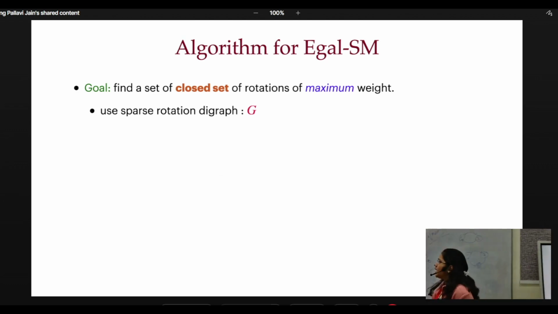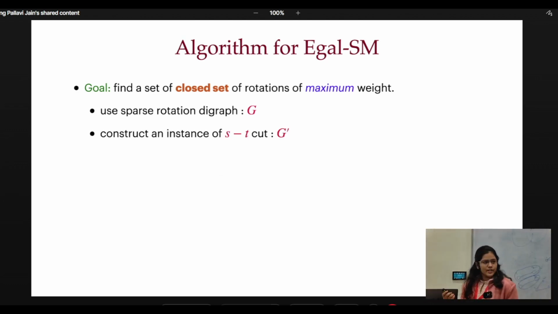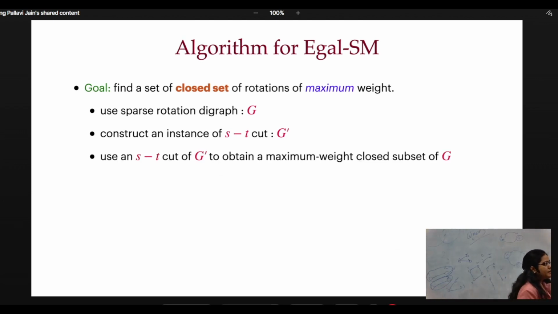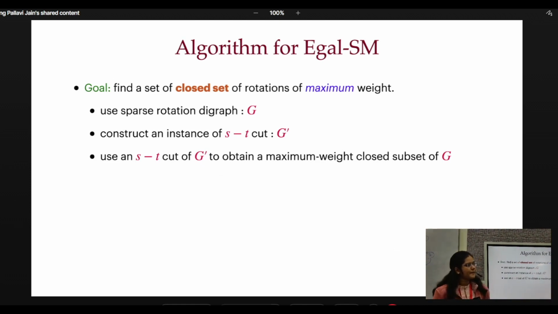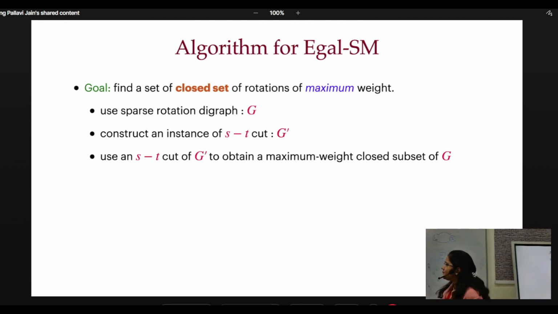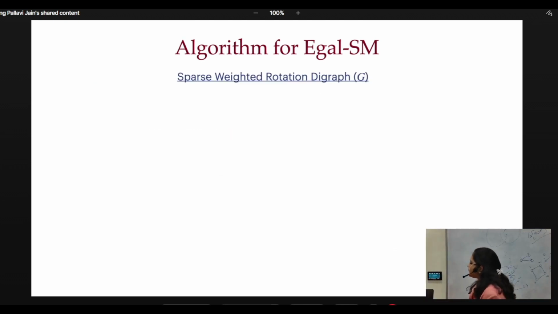I'll tell you how to construct that graph, and then we will construct an instance of ST cut. I'll define what an ST cut is, and then using an ST cut of this new graph, we will find the closed set of rotations of maximum weight.